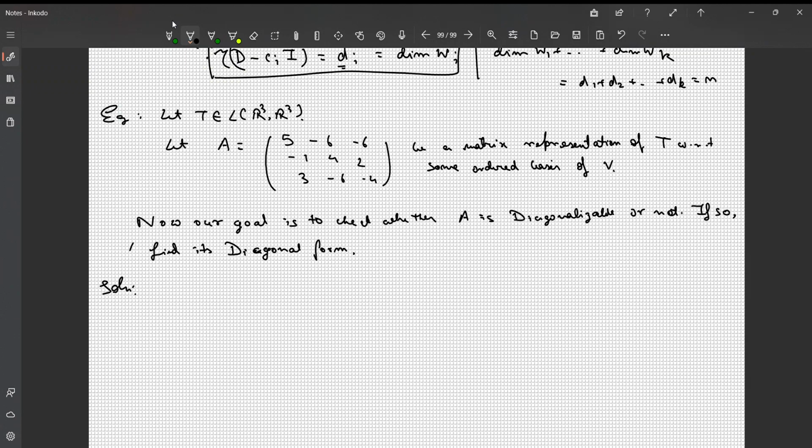The first thing we have to do is find the eigenvalues of it, right? So to find the eigenvalues, we need to consider the characteristic polynomial.